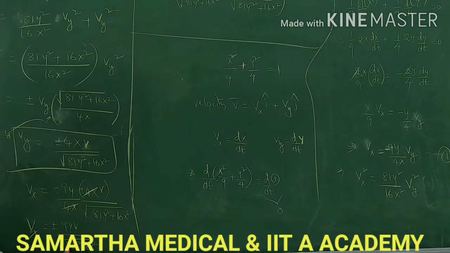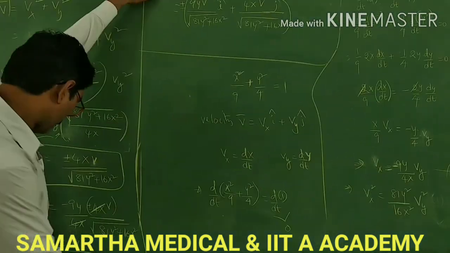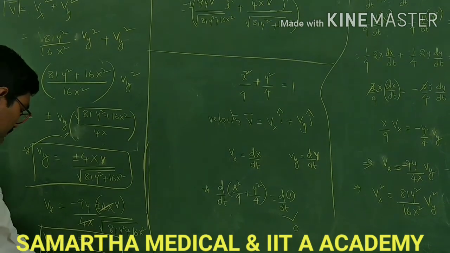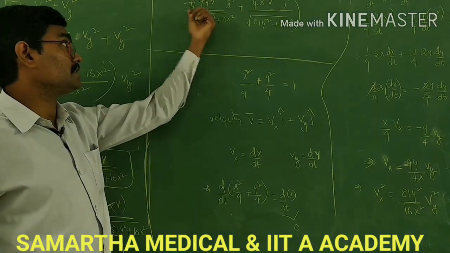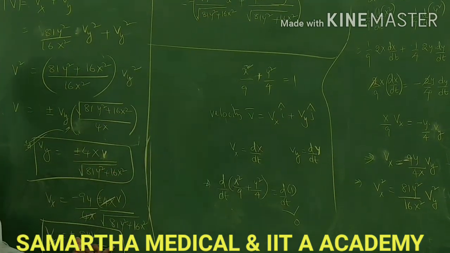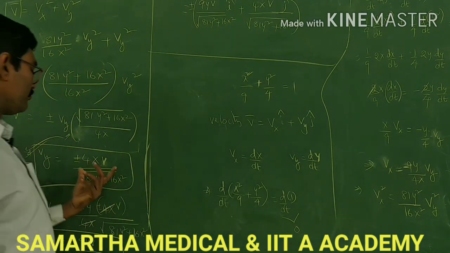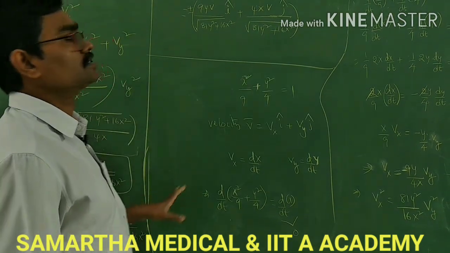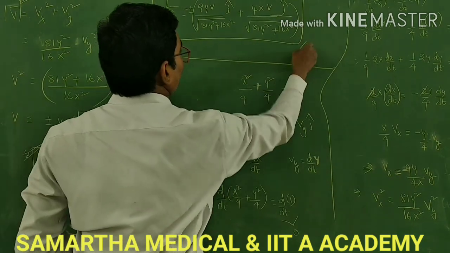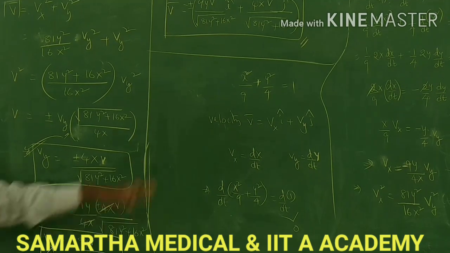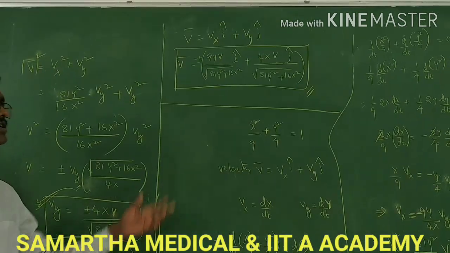After this, you got vx here and vy here, so v bar equals vx i plus vy j, where vx is plus or minus 9yv by root over 81y square plus 16x square, and vy is 4xv by root over 81y square plus 16x square. So this is the velocity of the particle moving along the curve x square by 9 plus y square by 4 equal to 1. Okay, done.